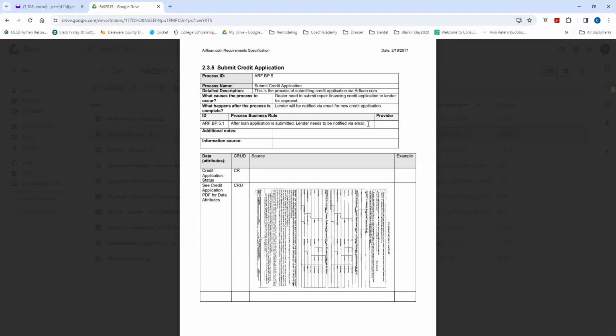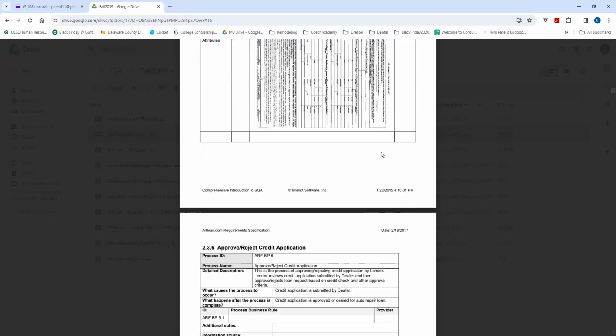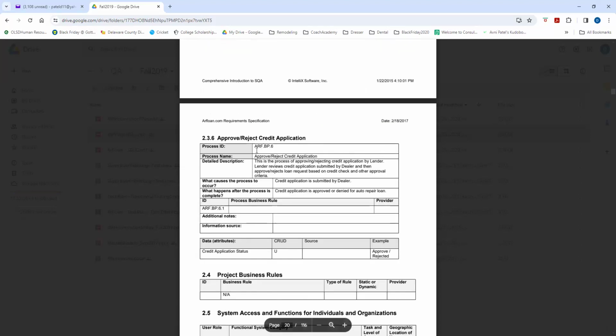So that's how you connect the dots from what the process is, what the context diagram, and what the components are. Okay. Same thing for a dealer when they approve or reject the credit application going through it. Any question to the section 2.3?